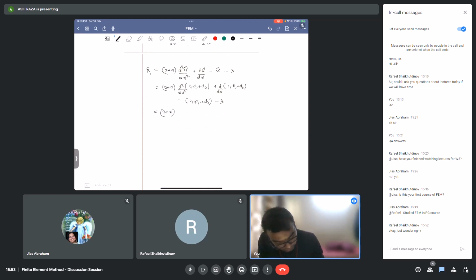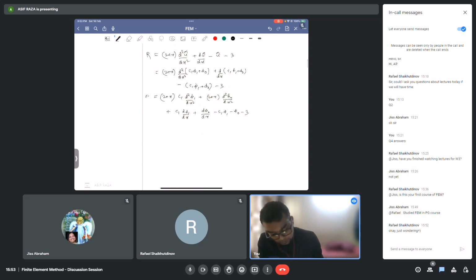Again solving it, we'll get c1 d²φ1/dx² plus (2 + x) d²φ0/dx² plus c1 dφ1/dx plus dφ0/dx minus c1 φ1 minus φ0 minus 3. This is my residue.